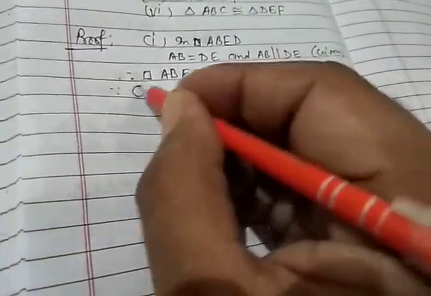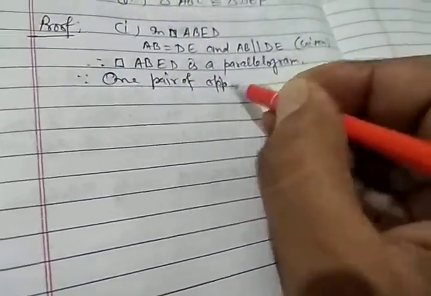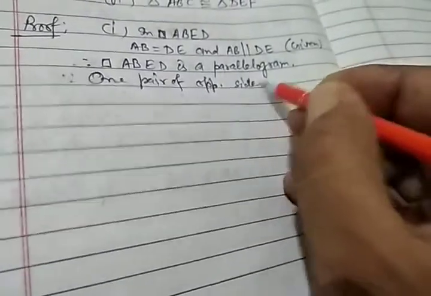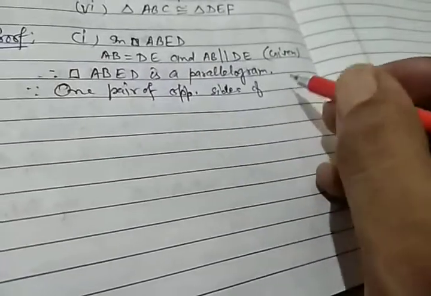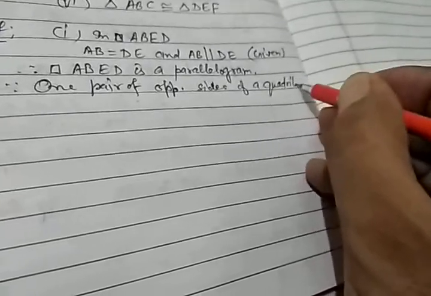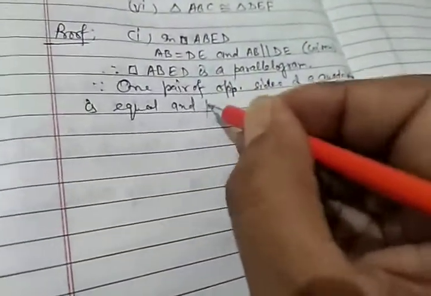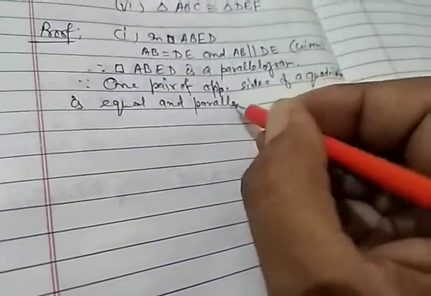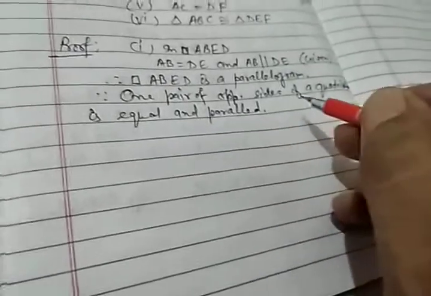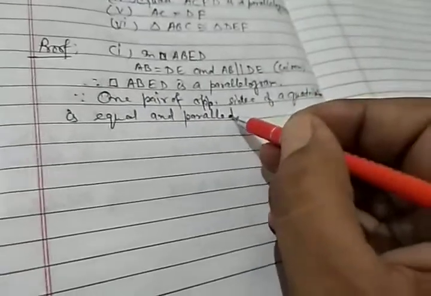Since one pair of opposite sides of a quadrilateral is equal and parallel, hence it is a parallelogram.